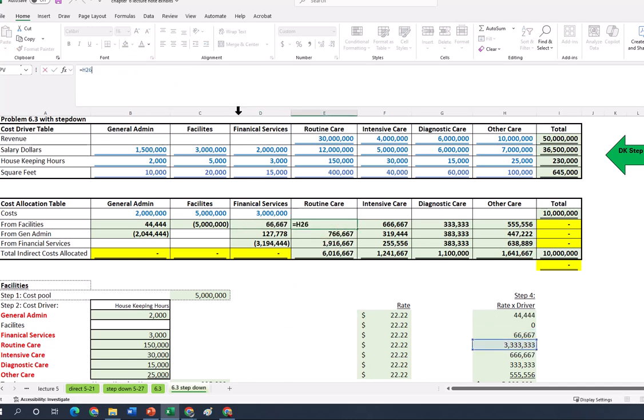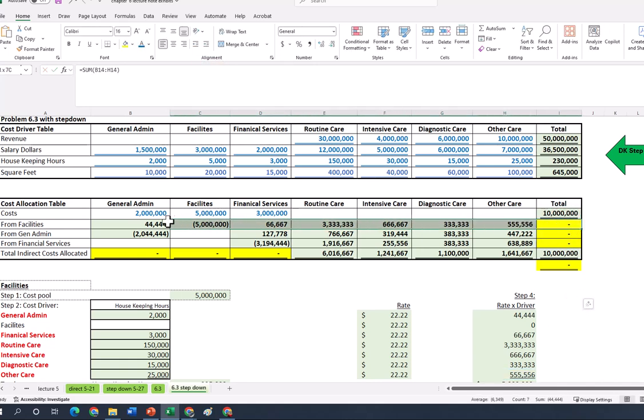Routine care picked up 3.3 million and change. Intensive care, right? So I've linked these. I've totaled across. It should total 0. Got rid of 5 million. I deducted it here and it added it here.